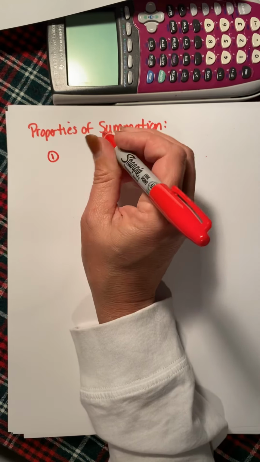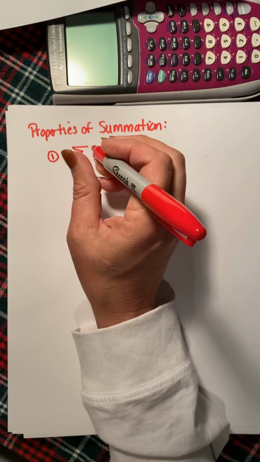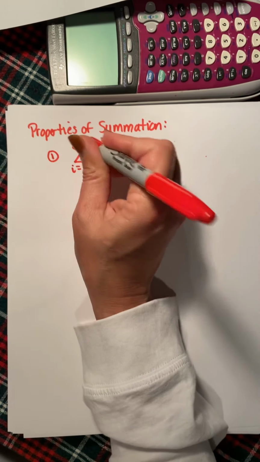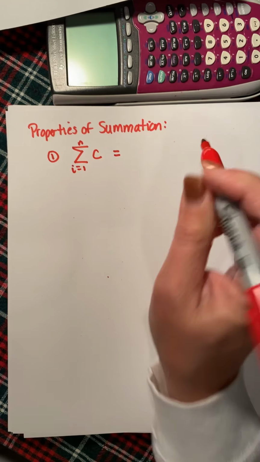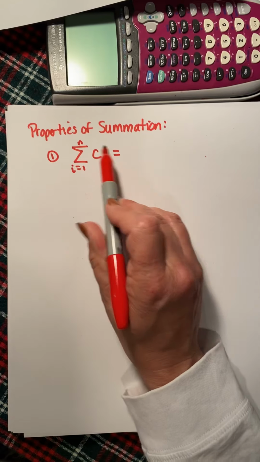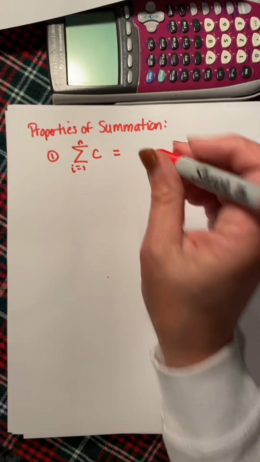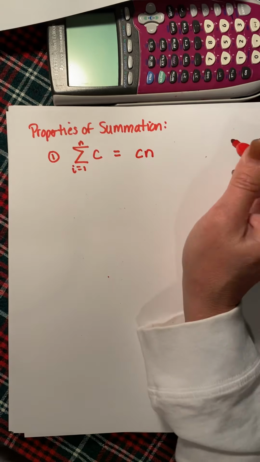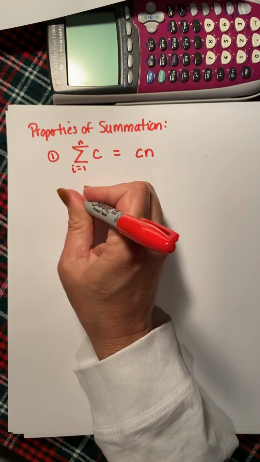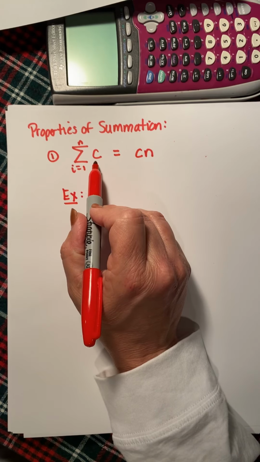The first property is actually good for a notation thing. If we're just adding a constant, notice there's no sequence notation here. There's no i, nothing is changing. This is just going to be c times n. What does that mean? It says that this c just represents the constant series.